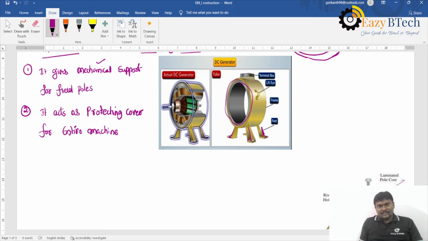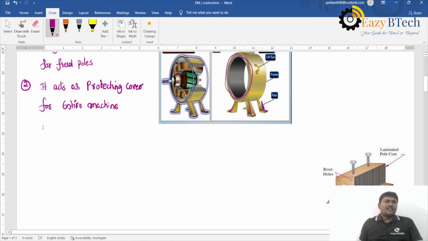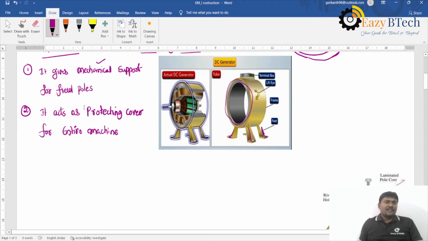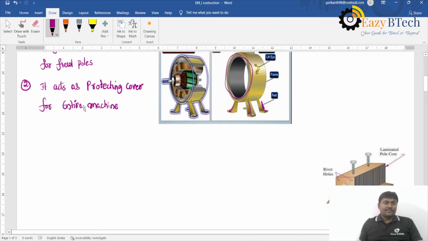There is no contact with external things like dust in the air. So it acts as a protecting cover for the entire machine. The first function is that it gives mechanical support for the field poles.